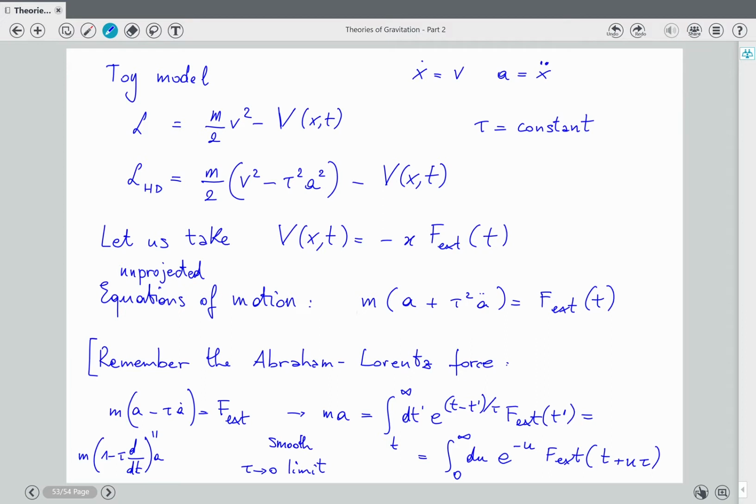Well, this is written in the higher derivative form, but you can also write it without a higher derivative form, but I'm not sure I have it here. Oh yes, I have it.